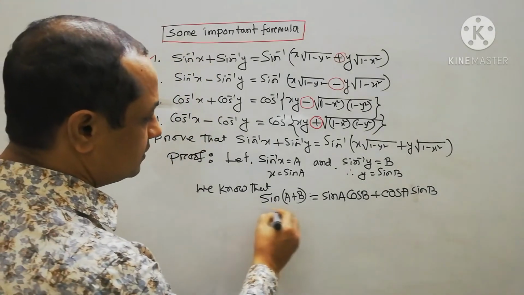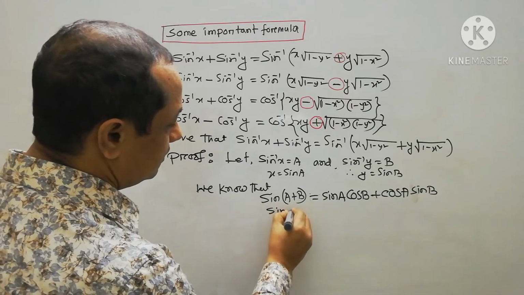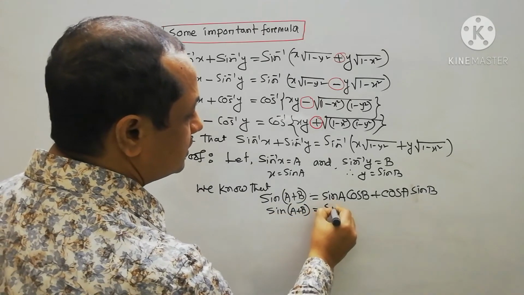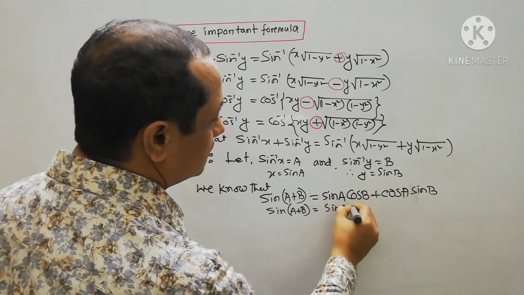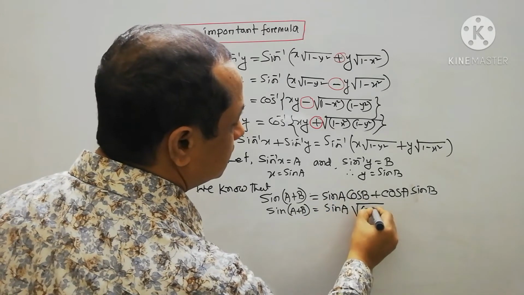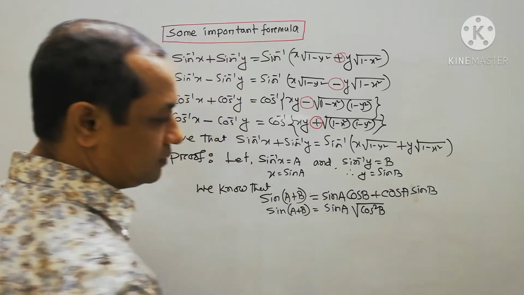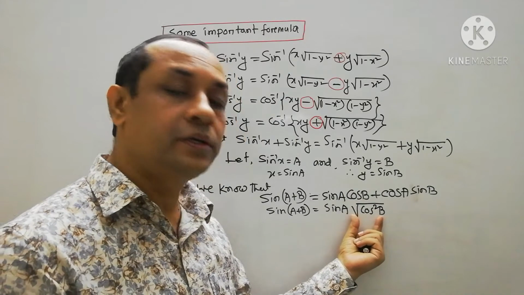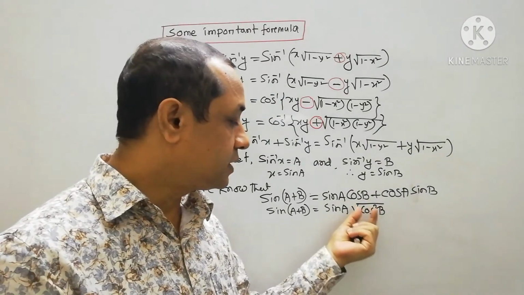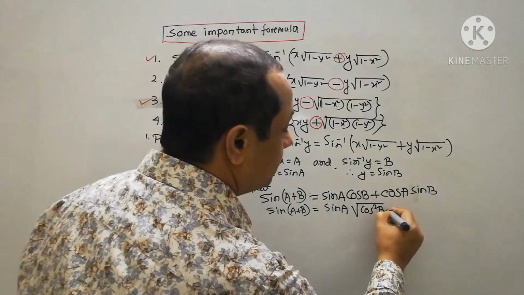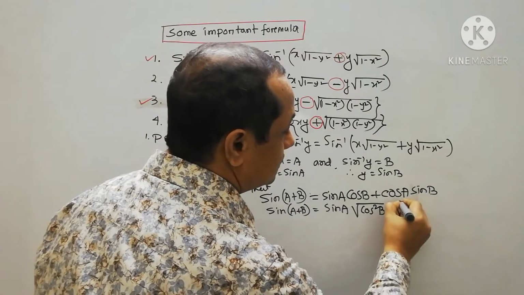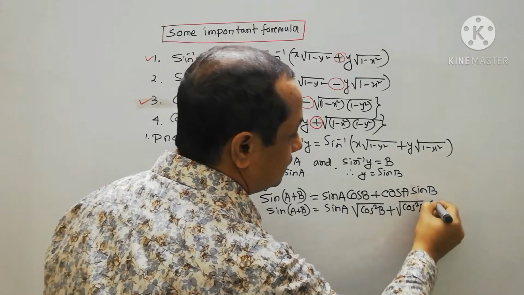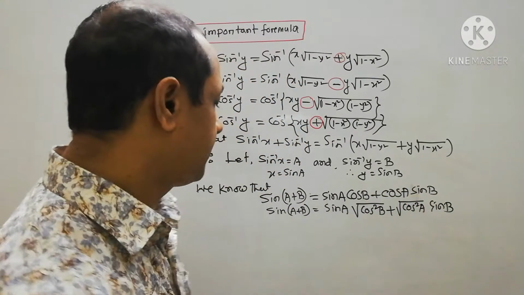Then we get sin(a plus b) equals sin a into cos b, and cos b equals root over cos square b. Students, here square and root eliminate. Now cos a means root over cos square a, into sin b.